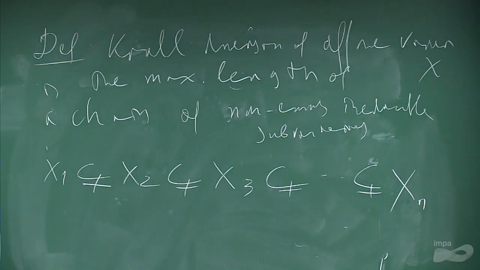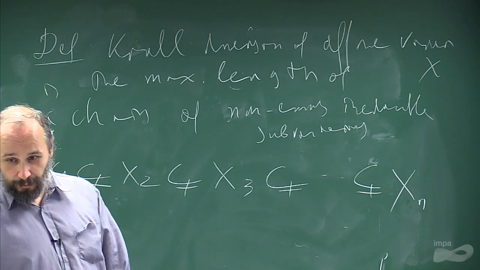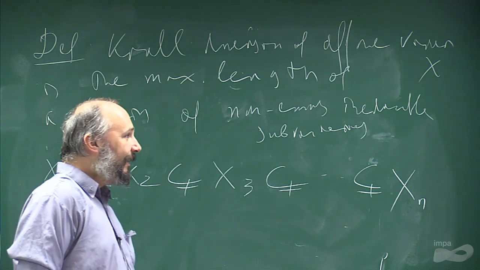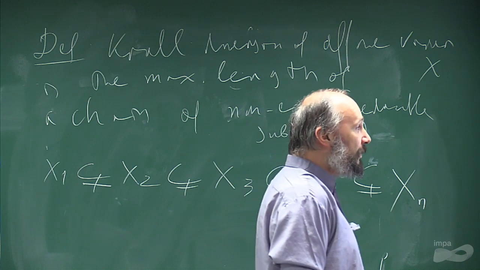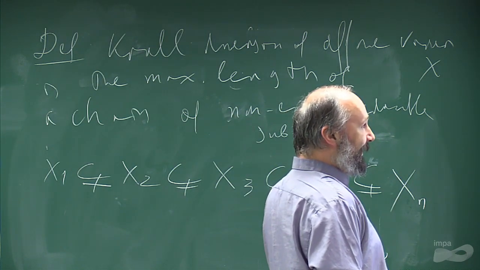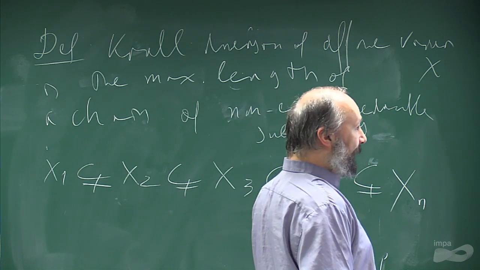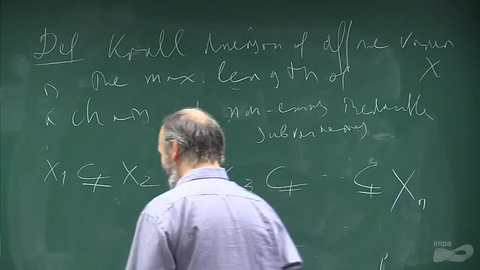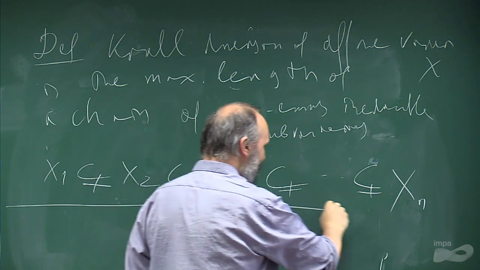But generally it's a nice notion which is quite useful, especially if you do homological algebra. It's really necessary to have it if you compute things like Koszul resolutions for modules over a ring. Okay, I'm doing more reminders now.